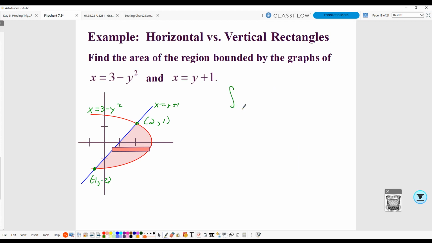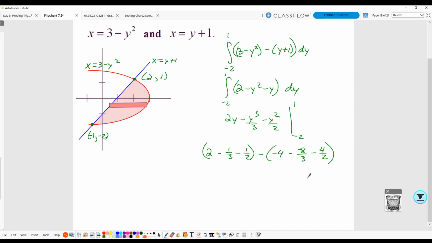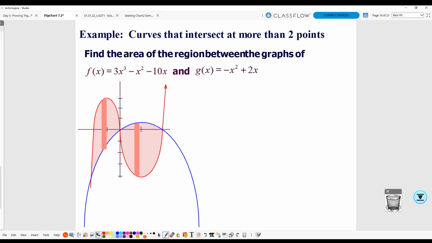Setting up the right minus the left, 3 minus y squared minus y plus 1. From y value, lower y value is negative 2, the upper y value is positive 1, which comes out to 4.5.